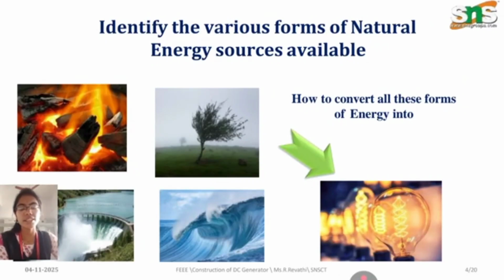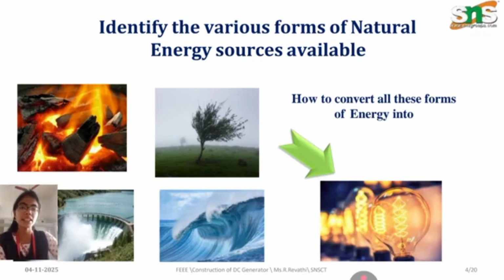Firstly, electrical machines are based on the energy conversion system. Two types of energy are majorly considered for electrical machines: electrical energy and mechanical energy. When electrical energy is converted into mechanical energy, the machine acts as a motor.